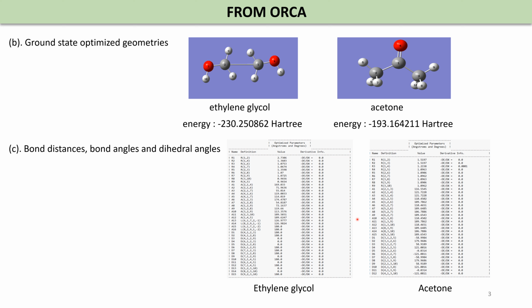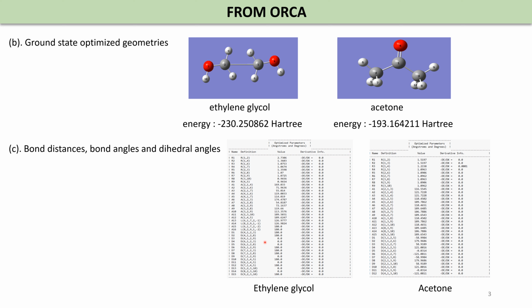Here we can see that R12, this parameter represents the bond length. R12 means that this is the bond length between atom 1 and 2, and the atoms are labeled in this figure. Similarly, A214 here means the angle formed by atoms 2, 1 and 4.